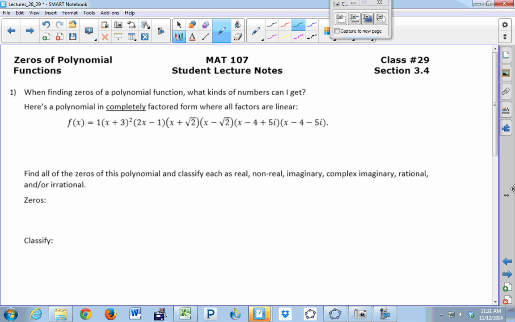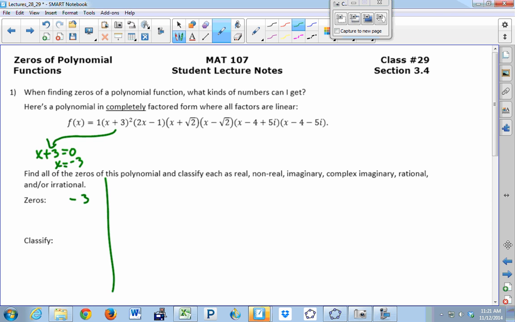All right, so anybody tell me a zero? Christopher? -3, because if I take this factor out and I set it equal to 0, I get -3. And let's classify -3. And when we classify it, we're going to say real, non-real, imaginary, complex imaginary, rational, and or irrational. So is it real or non-real first?